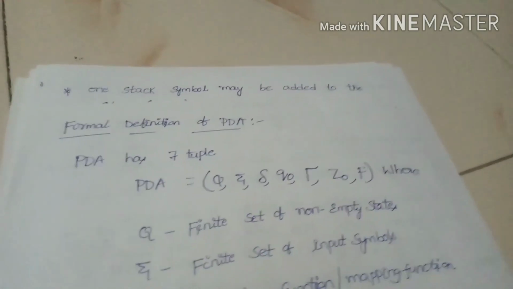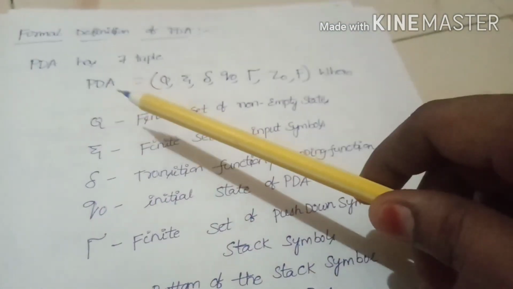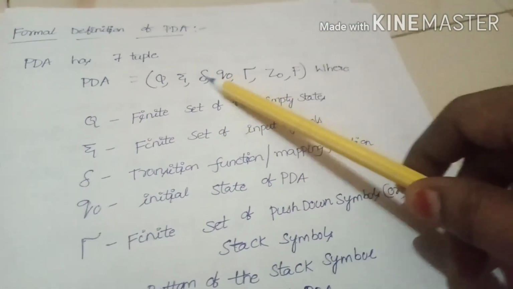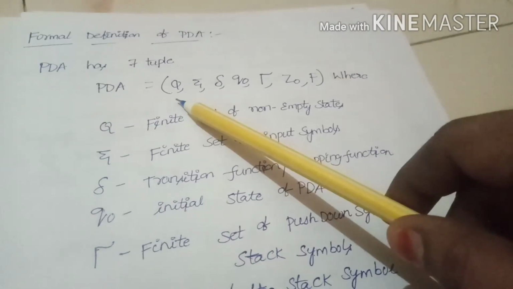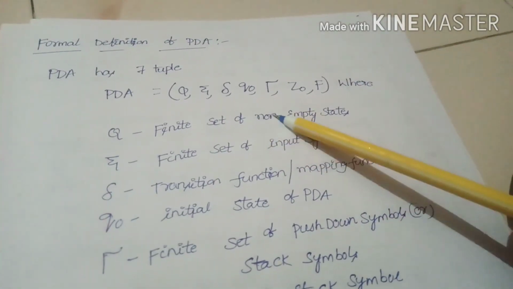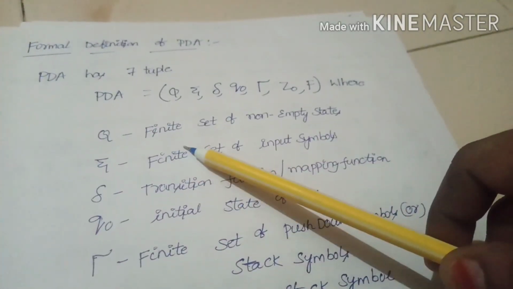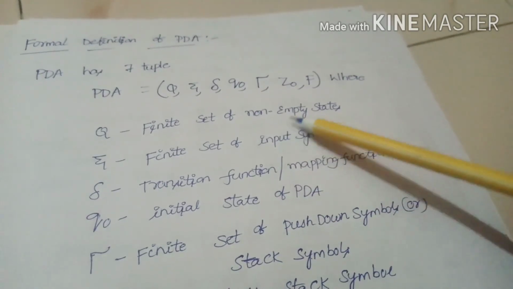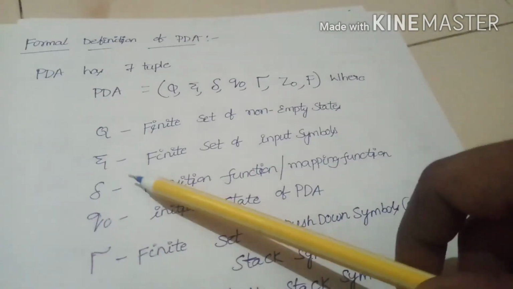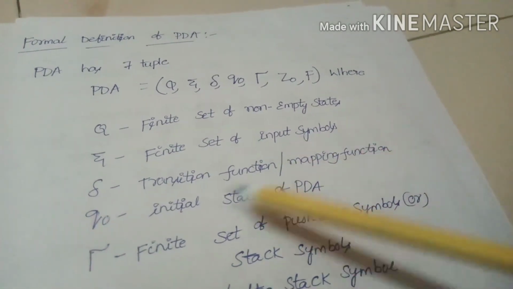Next, this is the formal definition of PDA. In this PDA, we have a 7 tuple: Q, sigma, delta, Q naught, tau, Z naught, F. Here Q is the finite set of non-empty states. Sigma is the finite set of input symbols.